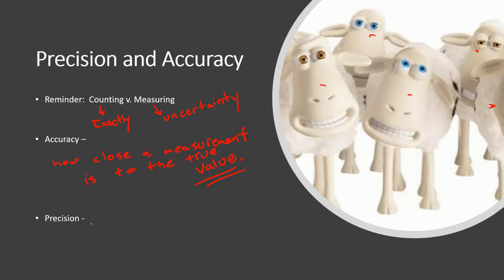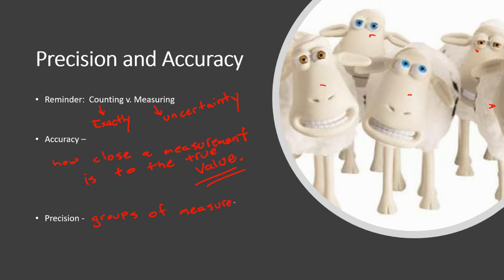Usually, precision has to do with groups of measurements and has really little or nothing to do with how close those groups of measurements are to the true value.